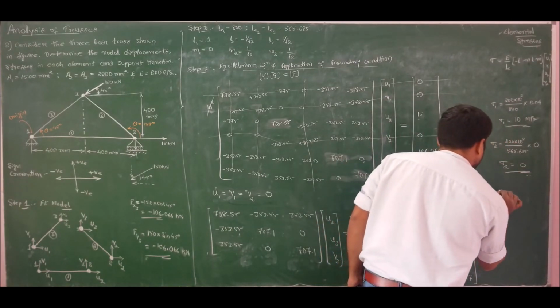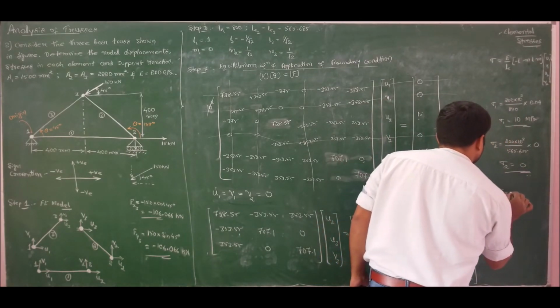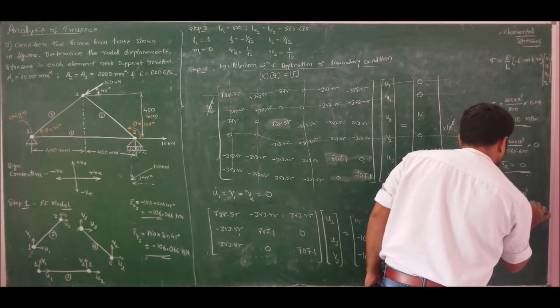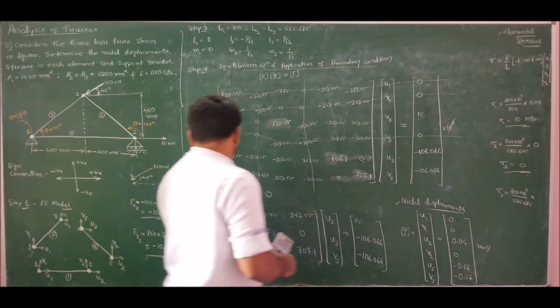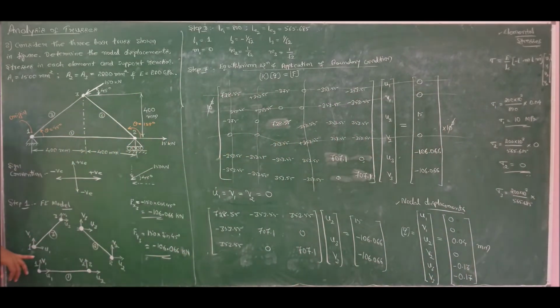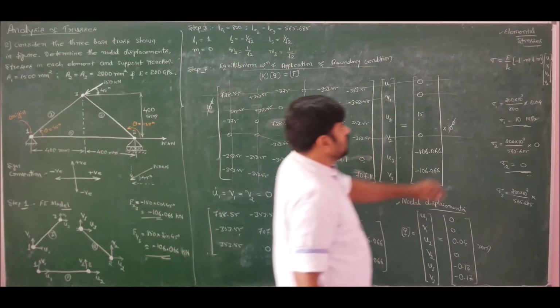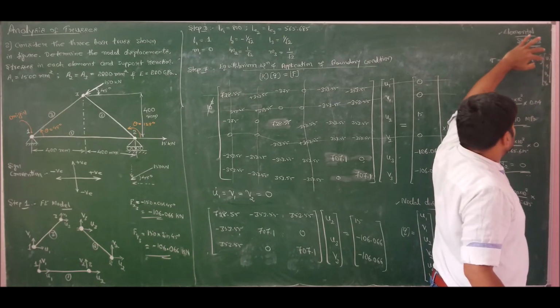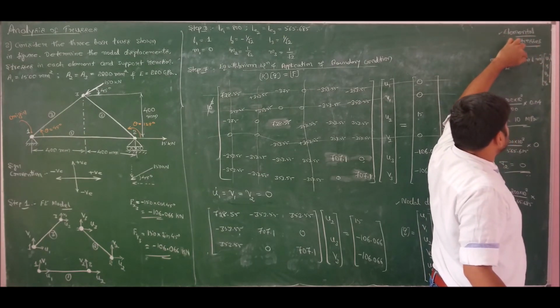Now coming to element 3, we have 200 into 10 to the power of 3 divided by 565.685. For element 3, we have the displacements as u1, v1, u3, v3. u1 and v1 are 0, so these get multiplied with minus m and will become 0.